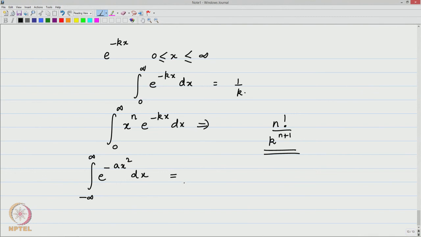All of us know that the answer given is root pi by a, but there is nothing here which tells you how to get the root pi. You can see that this integral contains n and k, and the solutions contain n and k. There is no pi here, and how do you get pi?